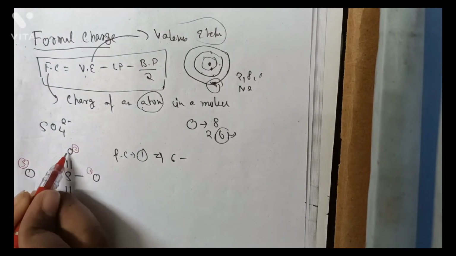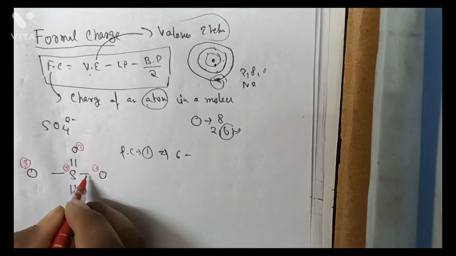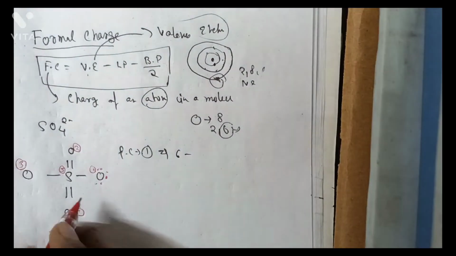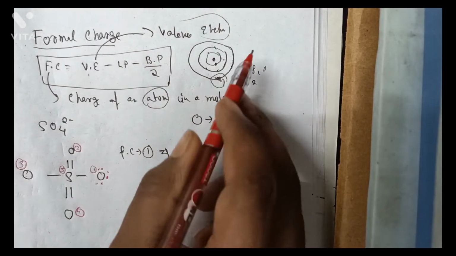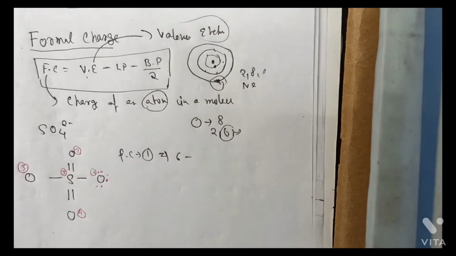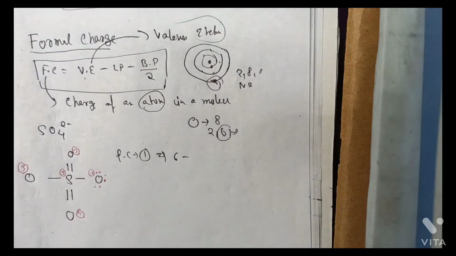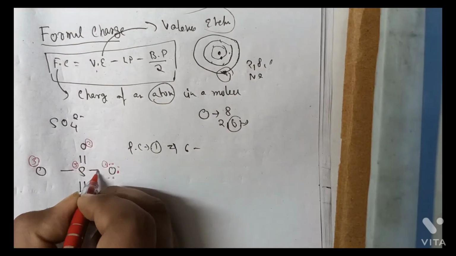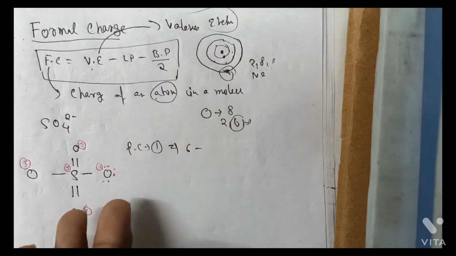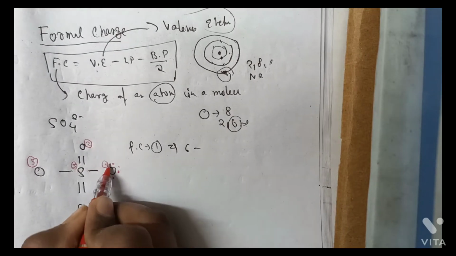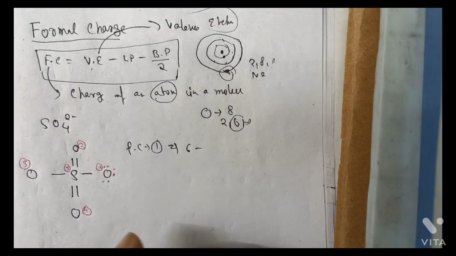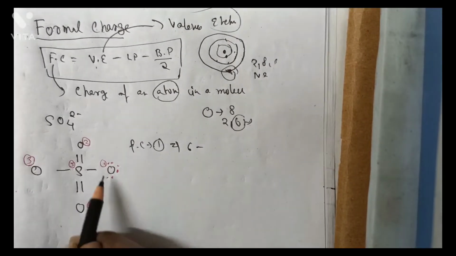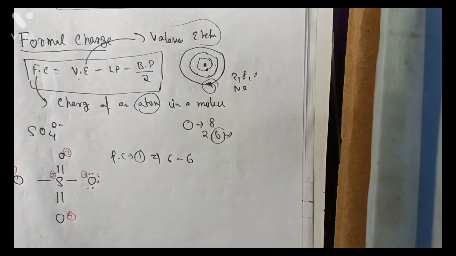This oxygen has 6 electrons in the outermost orbit, and 2 of its electrons are bonded. The atom always tries to achieve an octet, so each pair of electrons makes a bond. Thus 8 minus 2 leaves 6 electrons not taking part in bond formation. That means these are lone pairs, so 6.